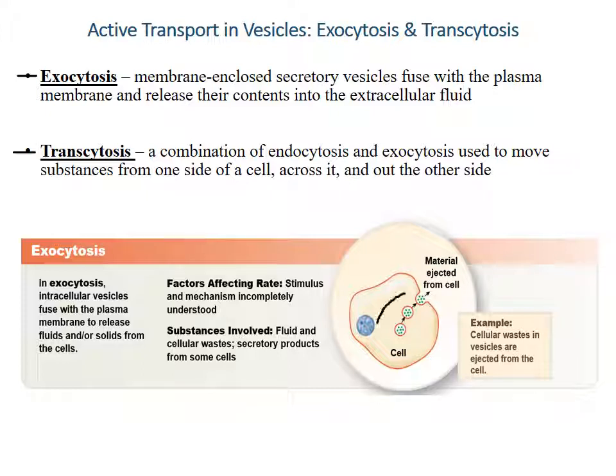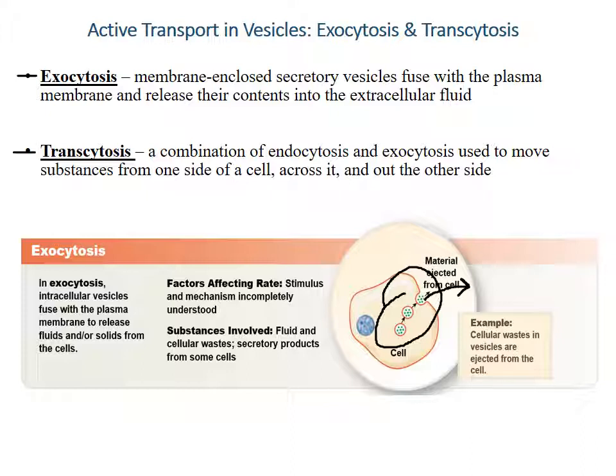So you can see here in this image, a vesicle moves close to the membrane, and as it becomes a part of the membrane, the materials inside of that vesicle are then ejected from the cell. Cellular wastes can be used here, proteins that need to be exported from the cell and sent off into the body. There are a lot of different things that exocytosis can be used for.